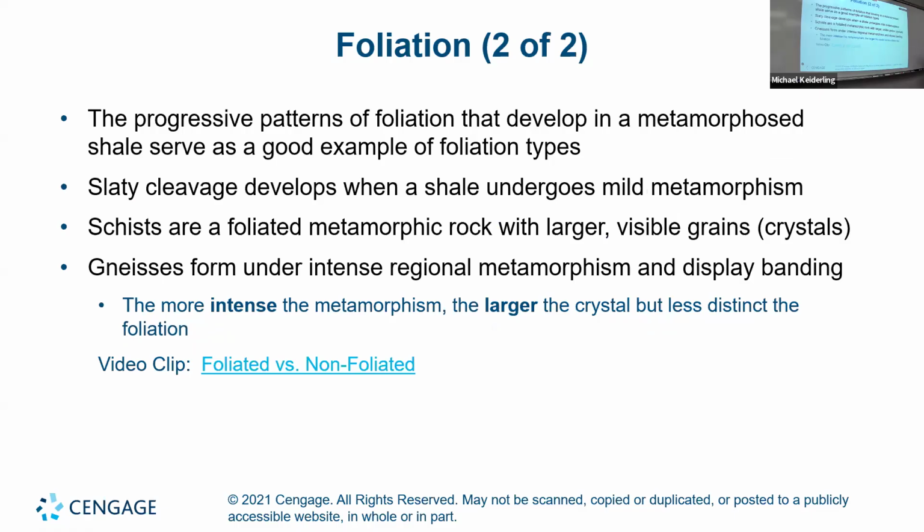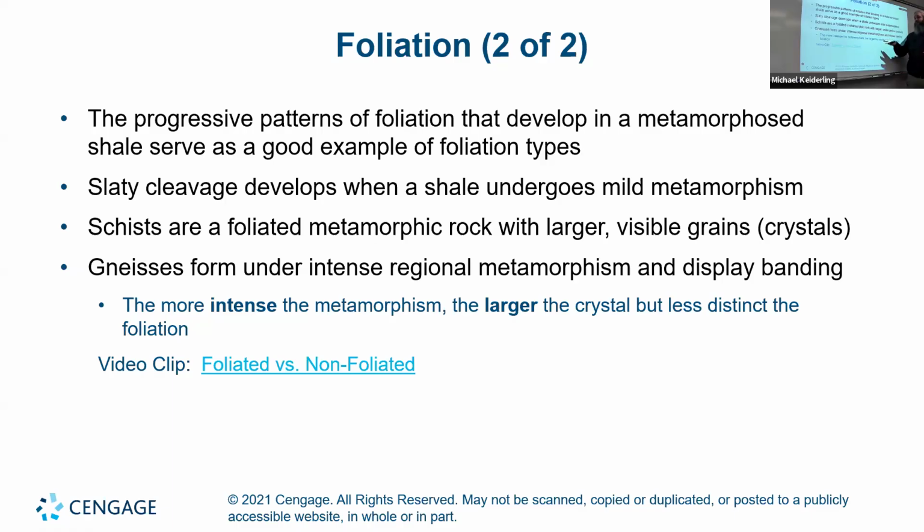You get slate under mild metamorphism, you get slaty cleavage. That's how you form slate. The shale breaks into distinct flat layers, which makes it great for making roofs. Then schists are a foliated metamorphic rock with larger visible grains or crystals.